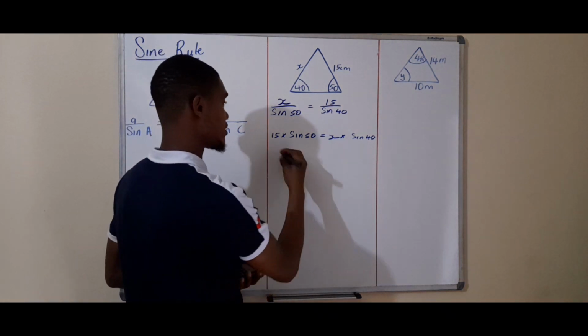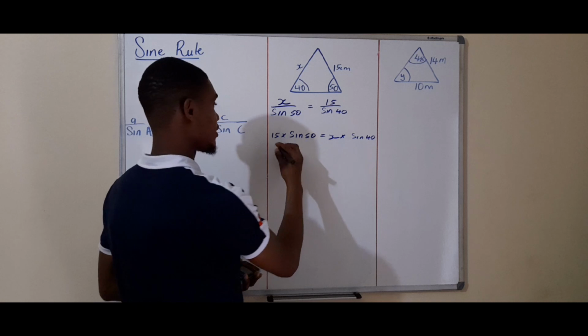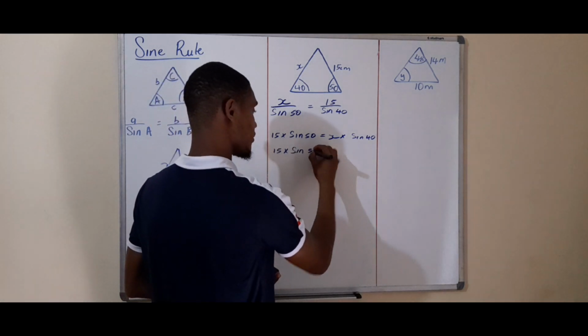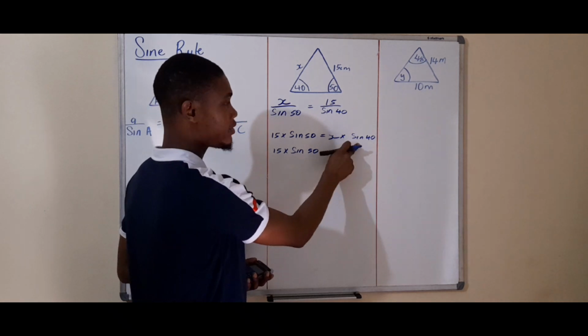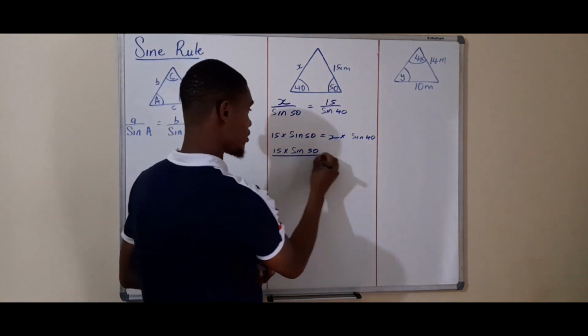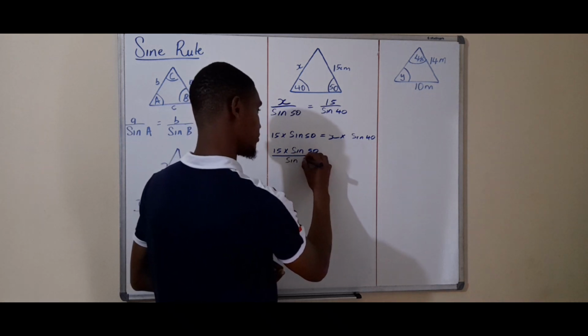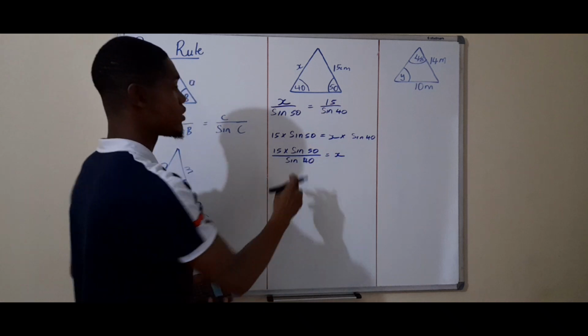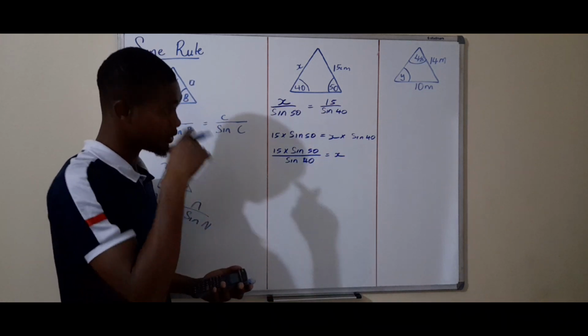Or you can simply write this back, so that's 15 times sine 50, and whatever you had here multiplying the variable, you put underneath to divide by it. When you get here now, you just put everything on your calculator.